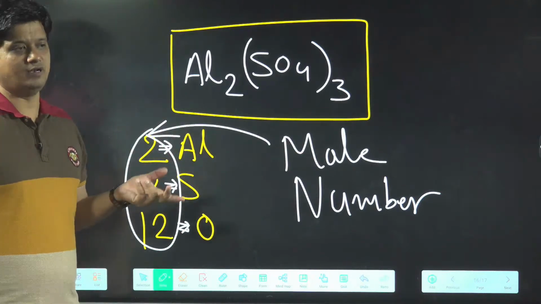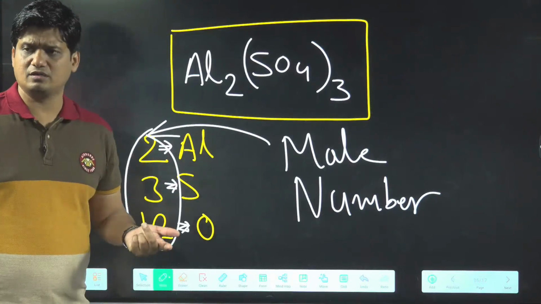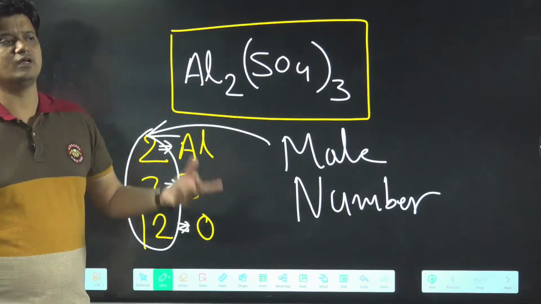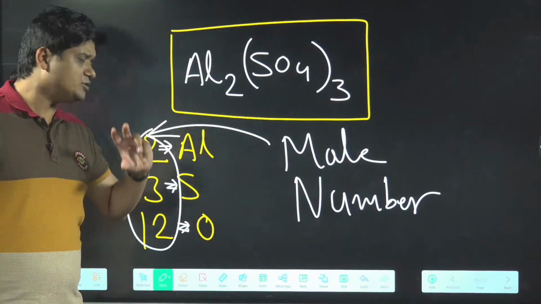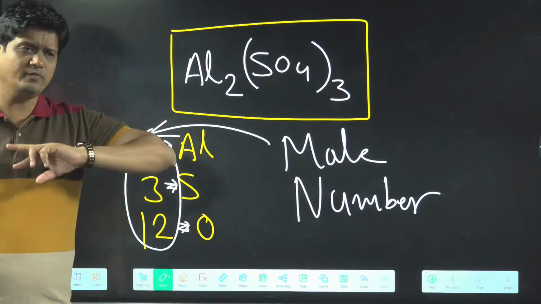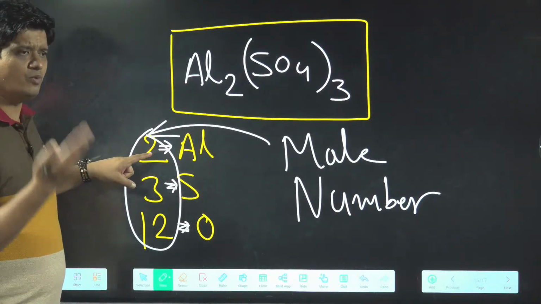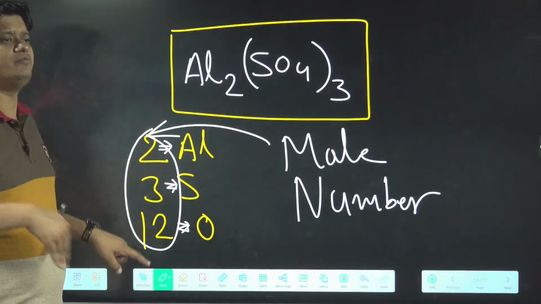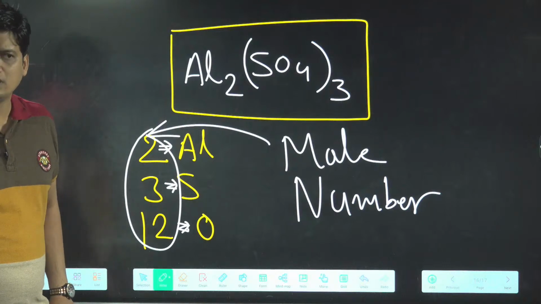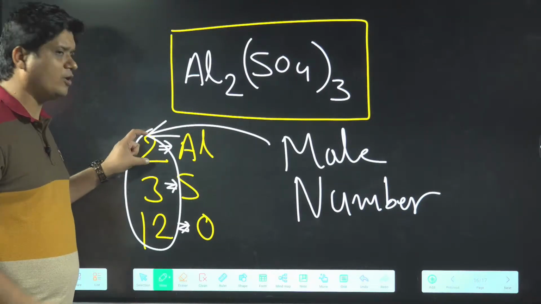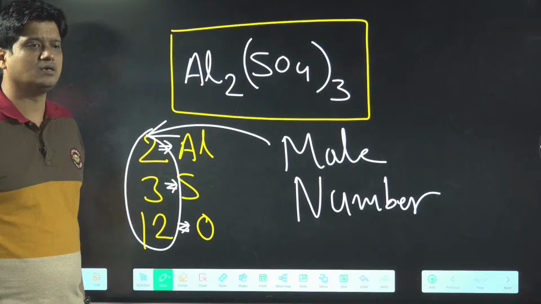But be careful. Whenever you are using number, just use number only. When you are using mole, just use mole only. Don't mix these two. If this 2 is for mole, then this 3 and 12 will be for mole also. It is not possible that you take 2 for mole and 3 and 12 for number.